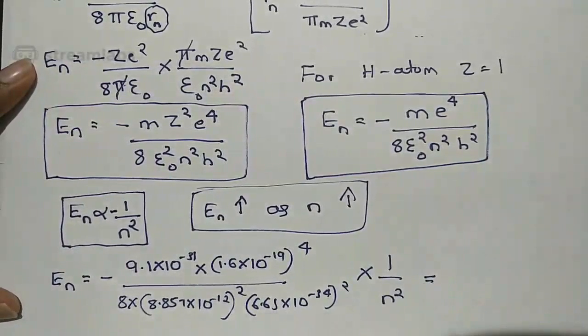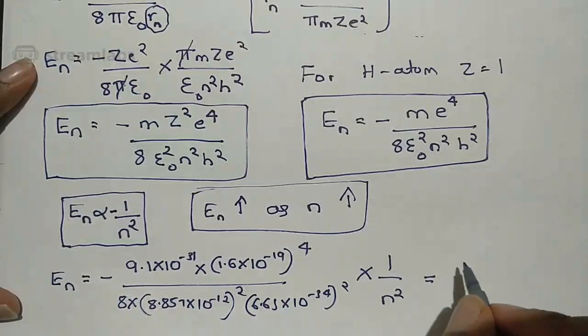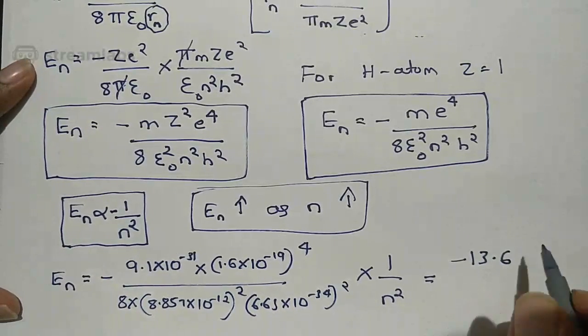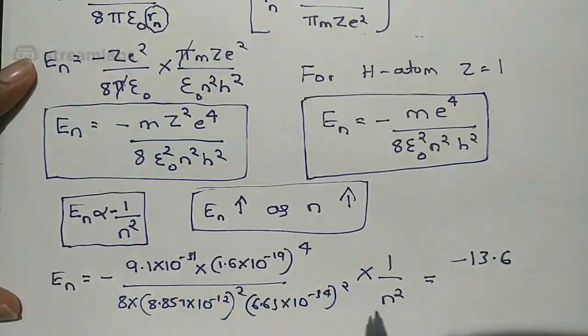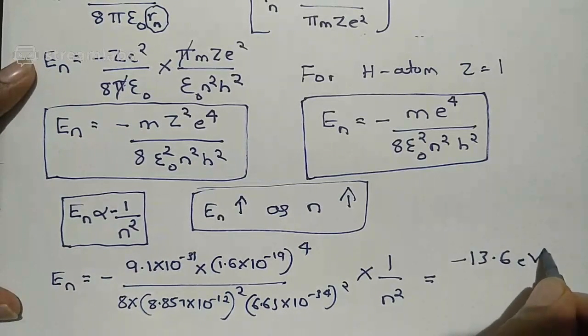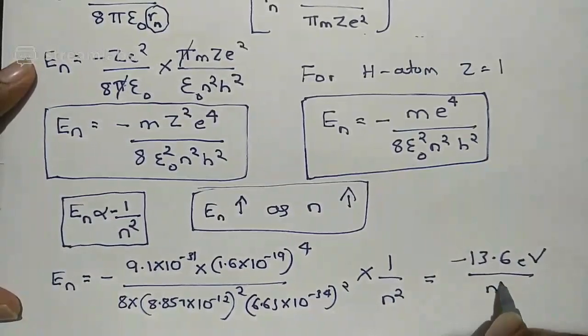When you do this, you will get the value of energy as minus 13.6. Actually this value you get in joule. You have to divide this entire expression by 1.6 into 10 to the power minus 19 to get energy in electron volt, by n square.